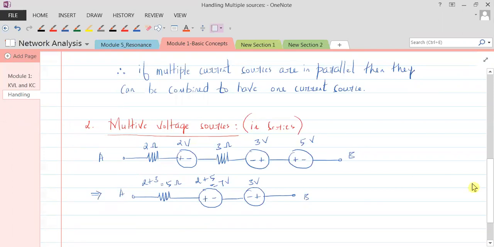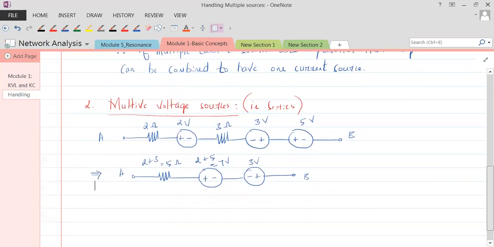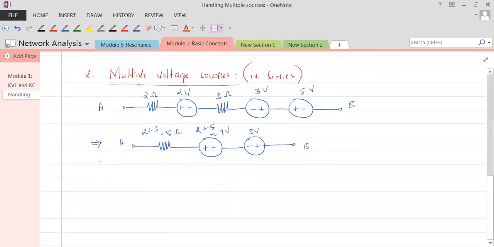Now let's move on with this. This is A, 5 ohms. Now this is 7 minus 3, which is equal to 4 volts.